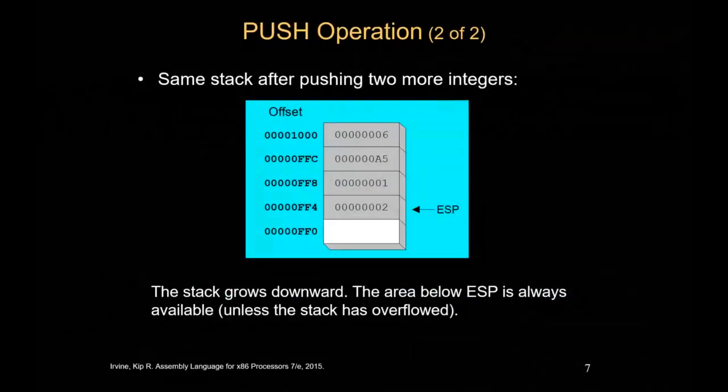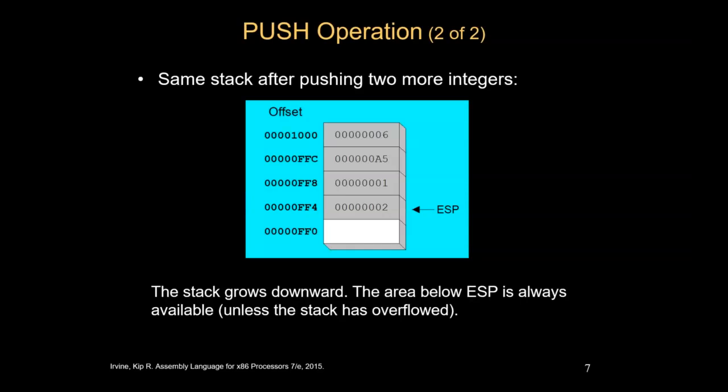If after that you again push on the stack 2 more integers, for example 0, 0, 0, 0, 0, 0, 1, 1 and 2, it will decrement from C. It means it's going to be C minus 4.